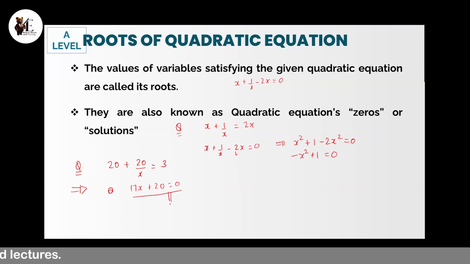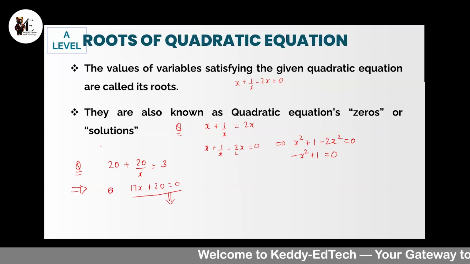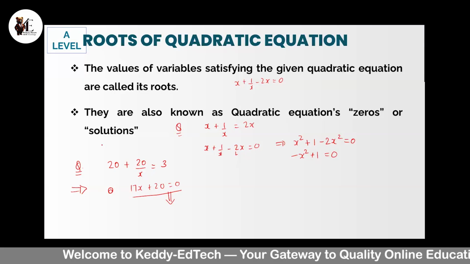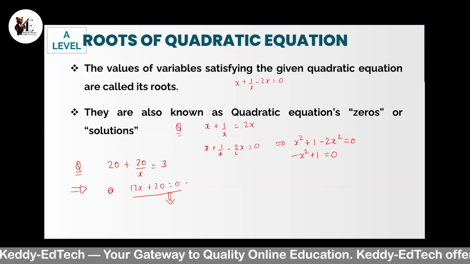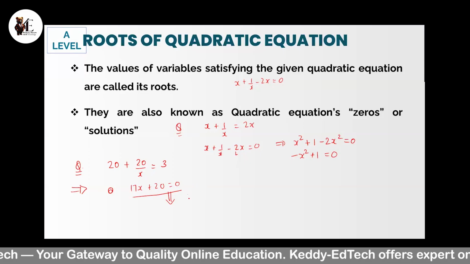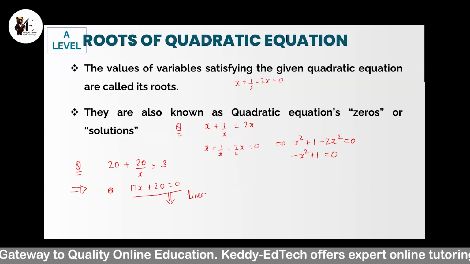So which type of equation is this? Quadratic? But there is no square term, no square over the variable, so it's not quadratic. Is it a binomial? It's a linear equation. Linear. Oh my gosh, it's linear.